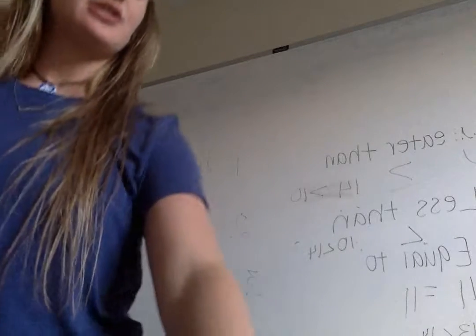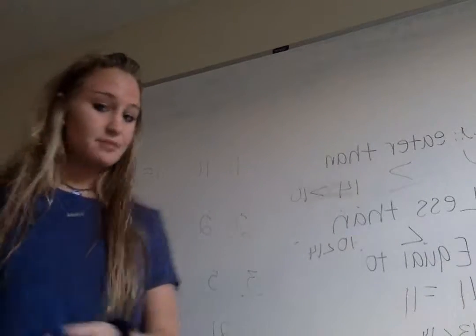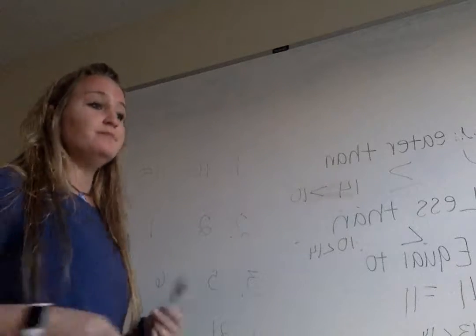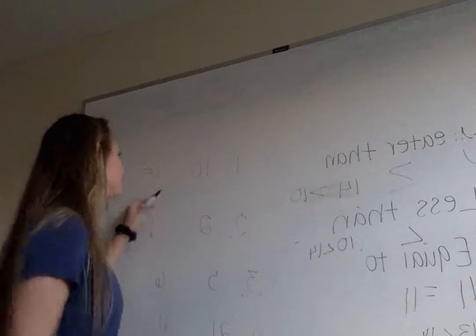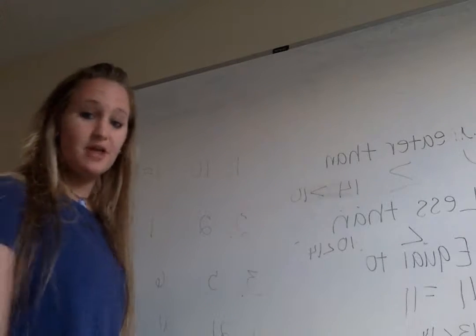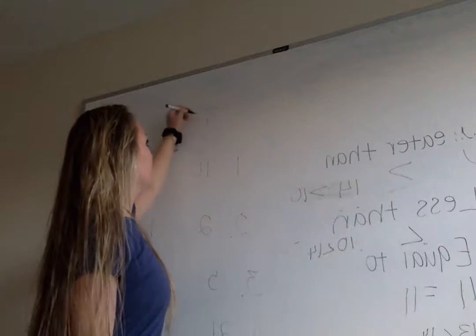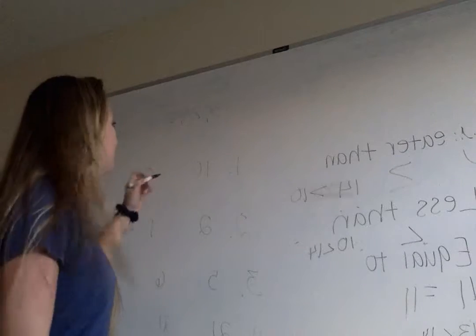So now I would ask the students to work with someone by them, or by themselves if they feel comfortable enough, and try to answer these questions. And then I would call on our groups. So group 1, what would you think the answer of 10 and 15 is? What sign would we put in between? Greater than, less than, or equal to sign. Which sign do you agree with?